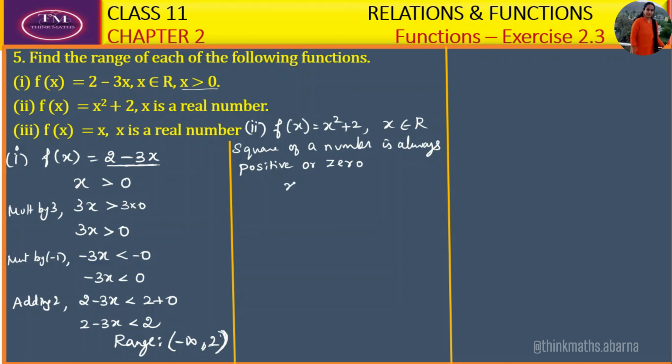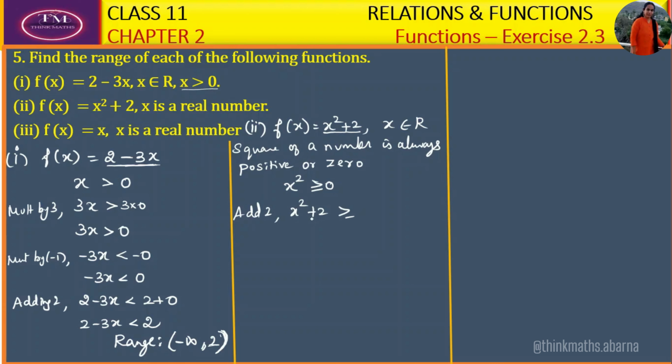So we can write x square is always greater than or equal to 0. Always positive means greater than 0. It can take 0 also. If x is 0, x square will also be 0. So x square takes greater than or equal to 0. So what we need? Plus 2. So add 2. If you add 2 on both sides, we will get x square plus 2.